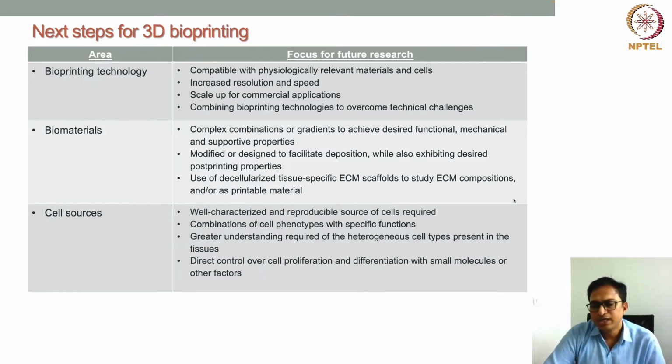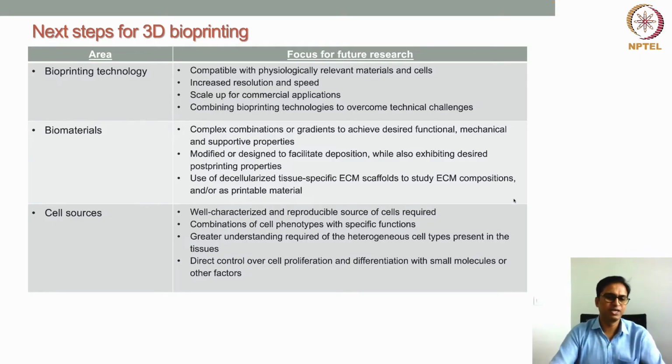Because many of you are probably now interested to work in this discipline, in organ printing, and probably thinking what is the best project or topic that I can work on, here I can give you a list of things that need to be developed further, so that if you are interested you can work on a particular topic.